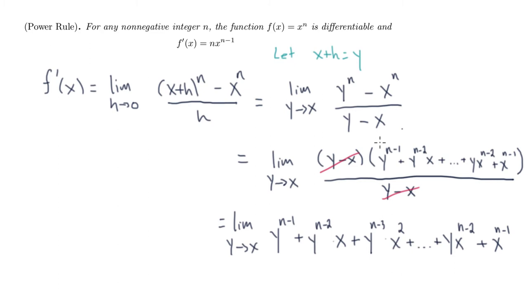So how many terms are there here? Well, just look at the powers of x. In the first term, this is x to the 0. This is x to the first. This is x to the second. And then we're just going to count up. This is x to the n minus 2, and this is x to the n minus 1.